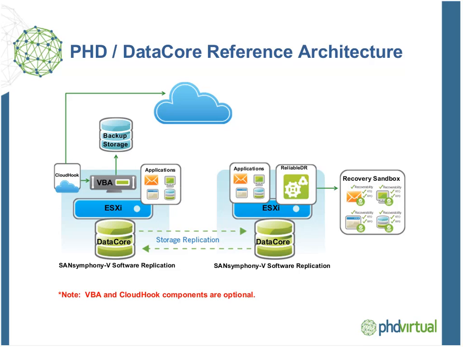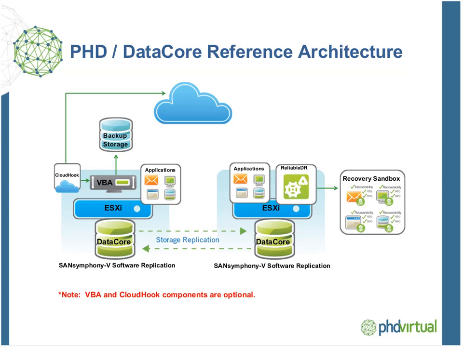But what we do to augment it is give it more application awareness in terms of disaster recovery and compliance with our Reliable DR products. So that's actually going to be a Windows-based installation living at your DR site only. So you have one component that lives at the production site doing granular backup and recovery, one component living at the DR site handling the DR aspects of things.